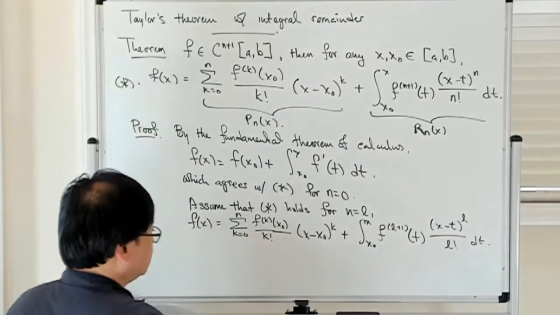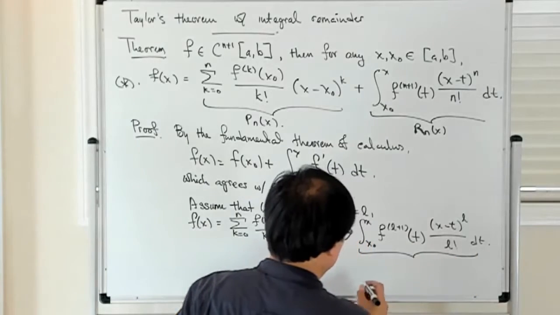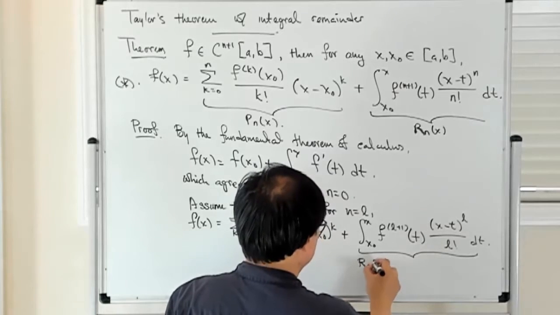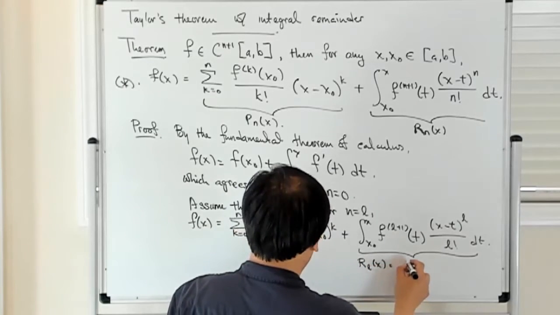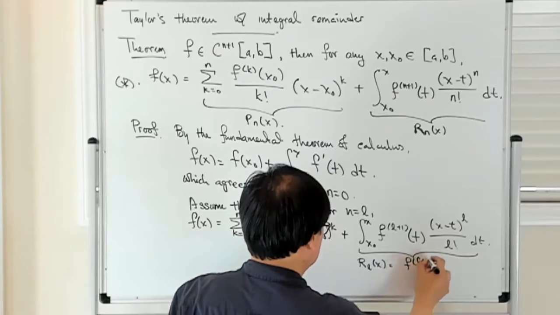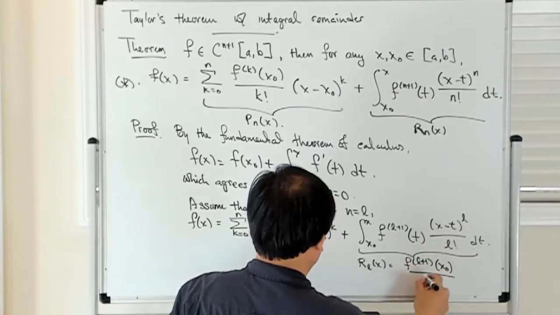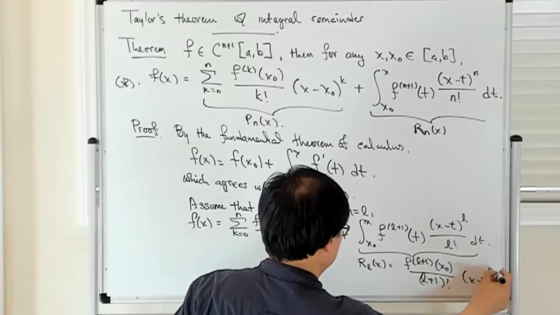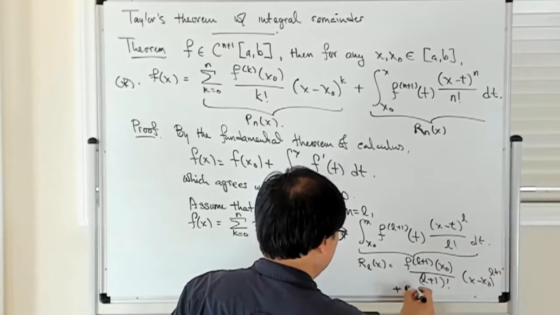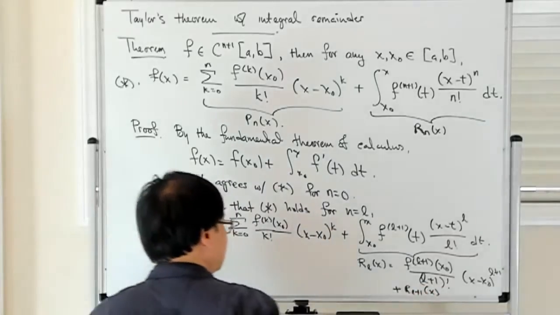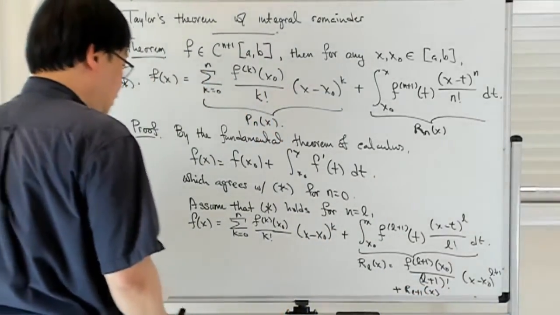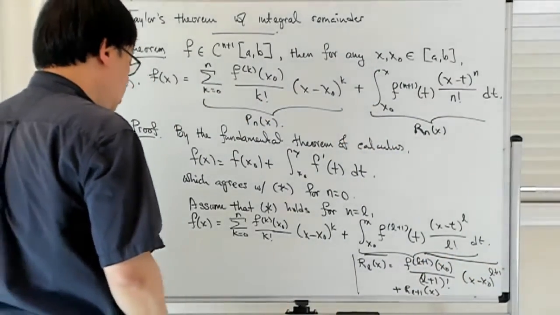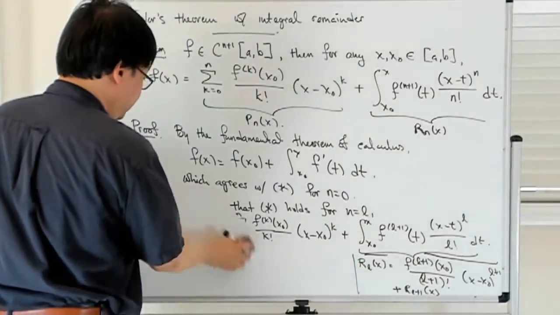So what we're basically showing is that RL, the L remainder term at x, is equal to f^(L+1) at x0 over L plus 1 factorial times x minus x0 to the L plus first power, plus R(L+1) of x. That's more or less what we're trying to show here. So let me just leave that here and then try to do that calculation.